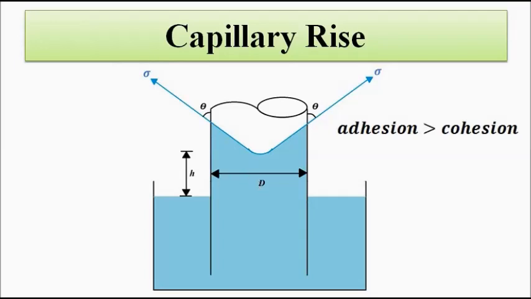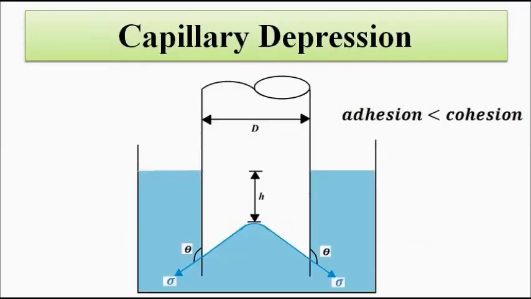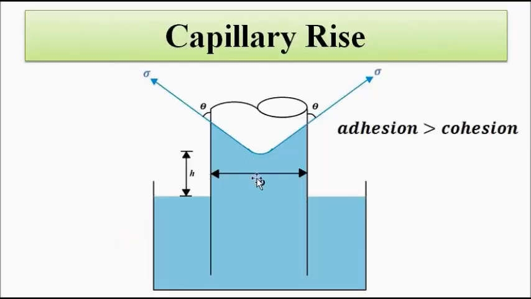Here d is the diameter. By mistake I have written it as small d, so it is capital D, the diameter of the tube.